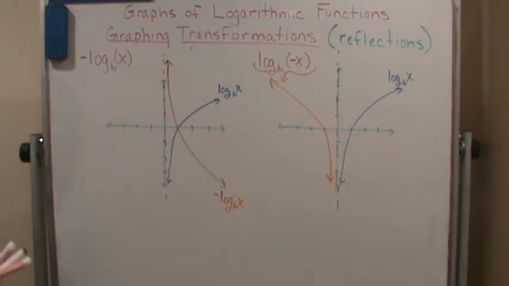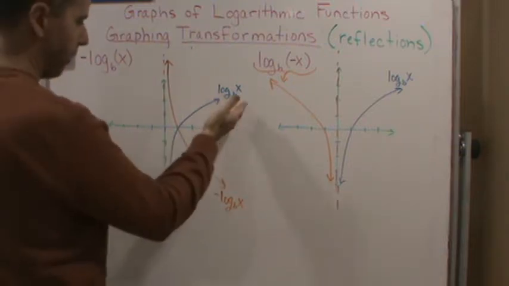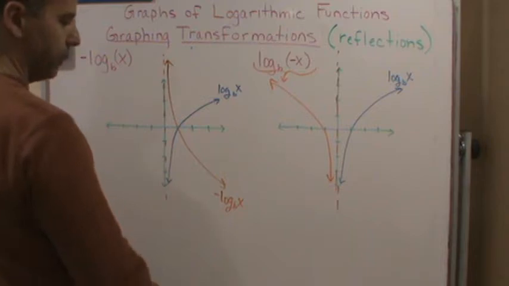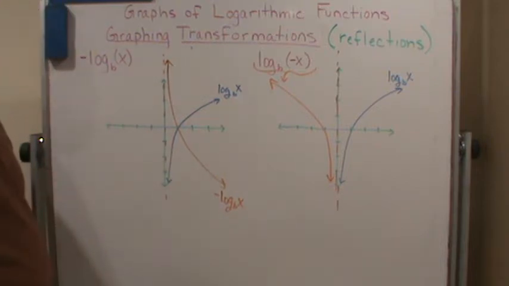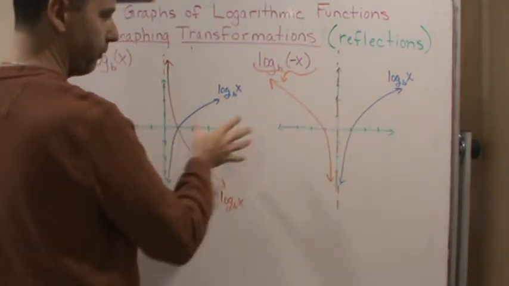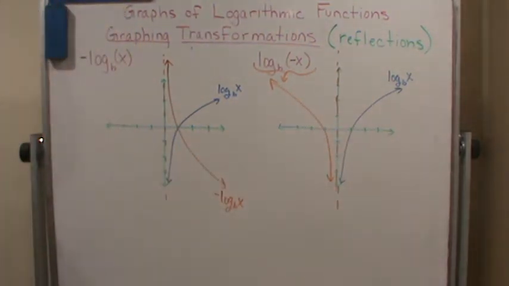Okay. Now, also keep in mind that in both my graphs, I'm assuming that b is greater than 1, so that it's increasing. But it would work the same way if it was decreasing. The point is showing you what type of reflection is going on here. So just keep that in mind.